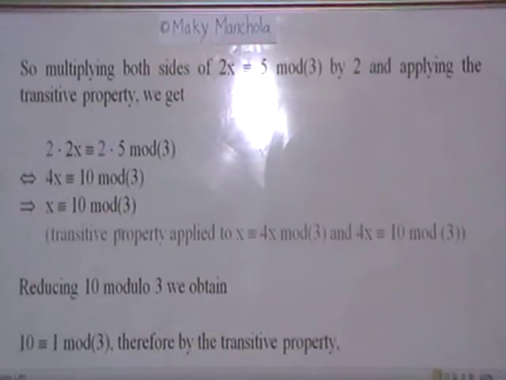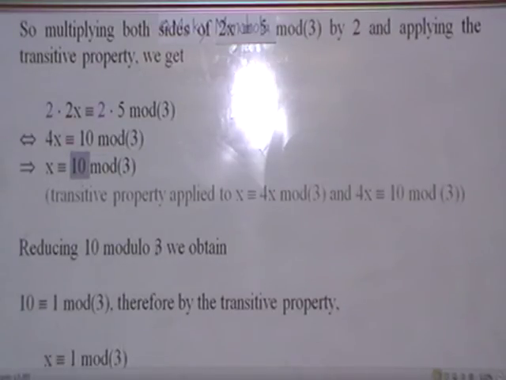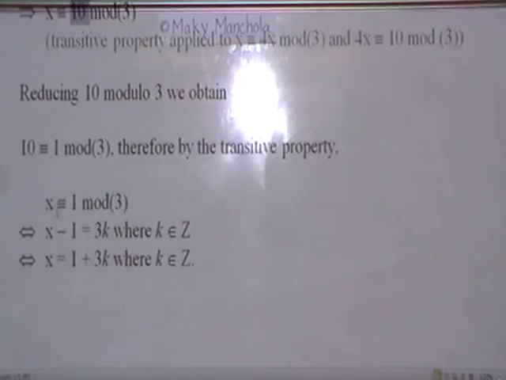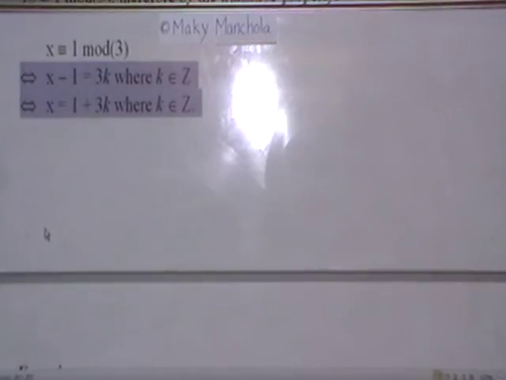The transitive property gave us that x was congruent to 10 mod 3. And then one last detail was to reduce 10 itself. So reducing 10 modulo 3, we got 10 is congruent to 1 modulo 3. Transitive property gave us this solution. We rewrote it in a different way, and that completed that solution.